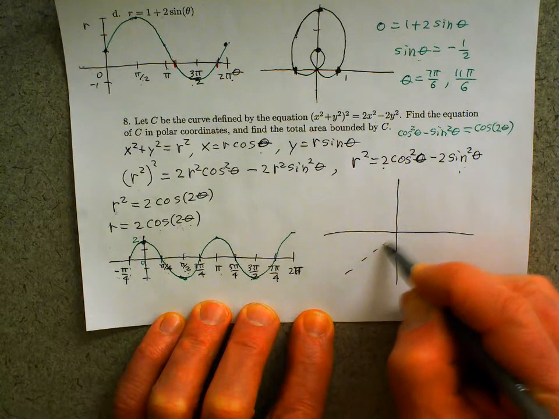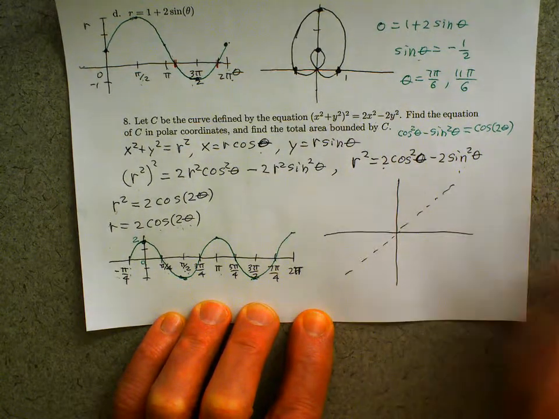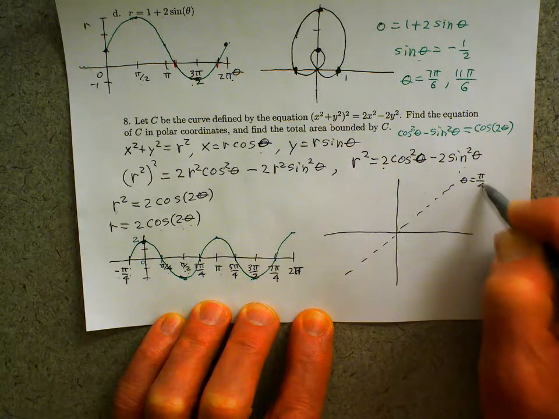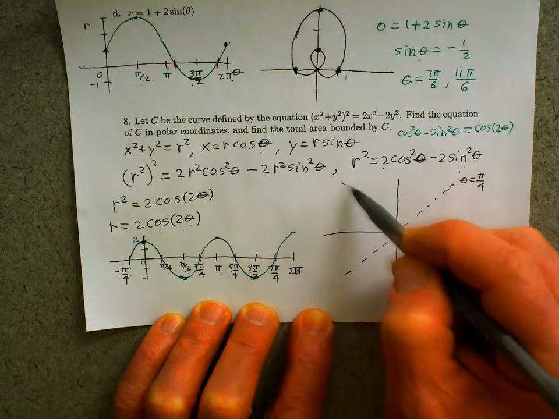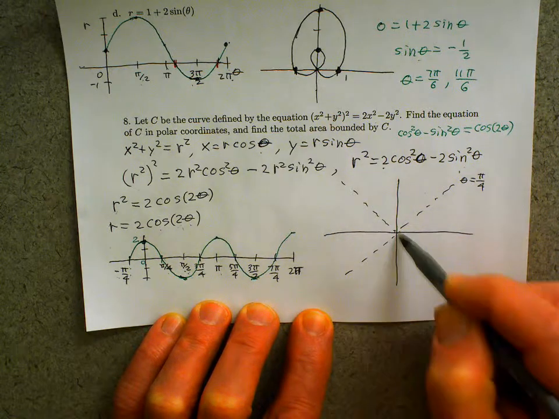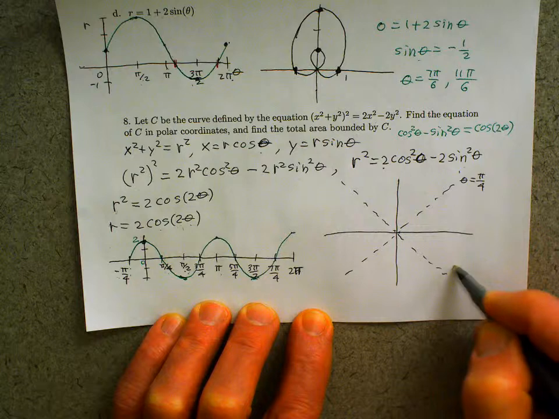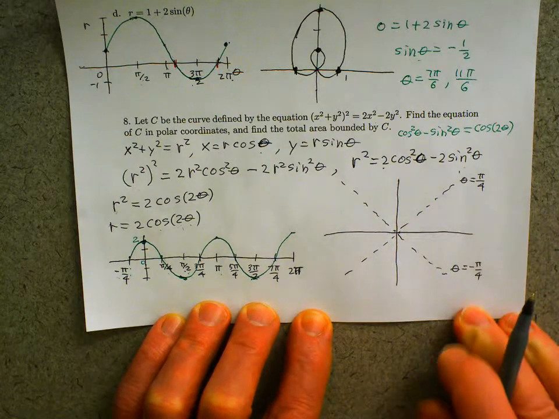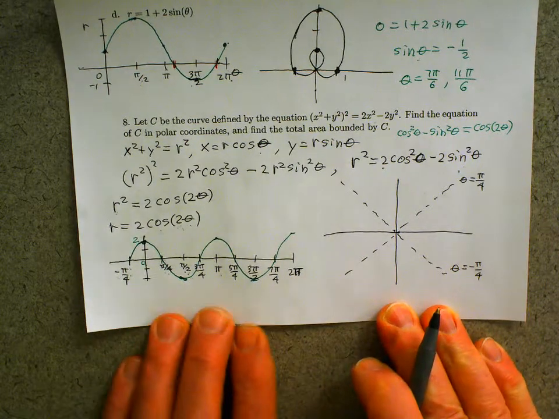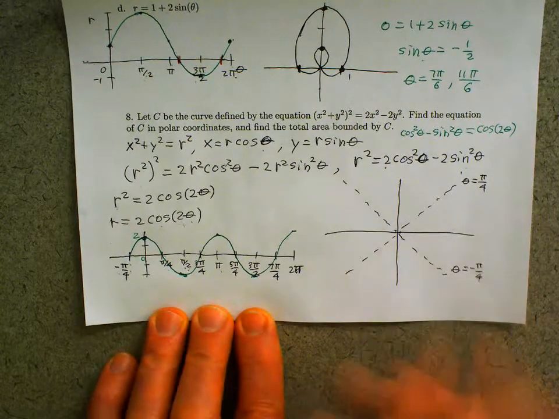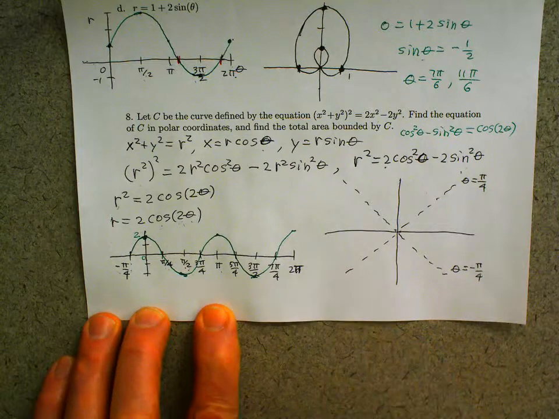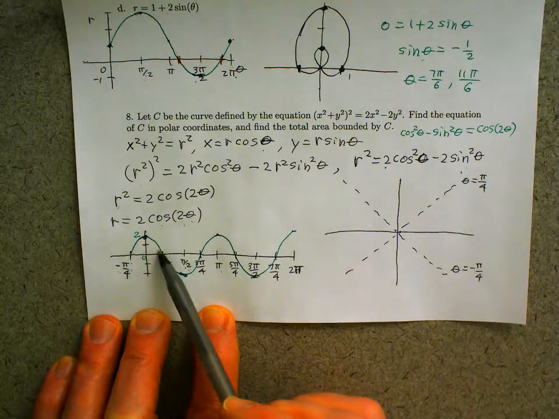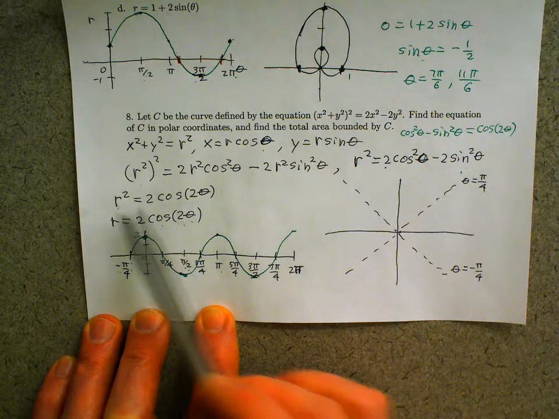So if we subdivide the region, this is theta equals pi over 4. This is theta equals negative pi over 4. Okay, so we're going to use the part of the graph that's above the x-axis to graph r squared.